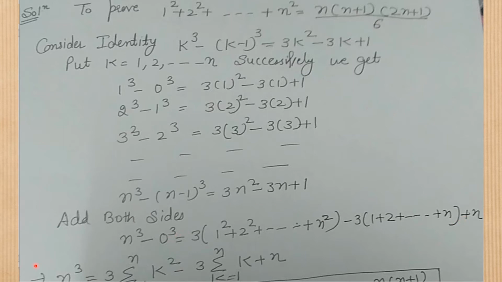So n cube is equal to 3 times summation of k square, k varying from 1 to n, minus 3 times summation of k, k varying from 1 to n, plus n. When I put values of k as 1, 2, 3, it will be like 1 square plus 2 square. Clear?